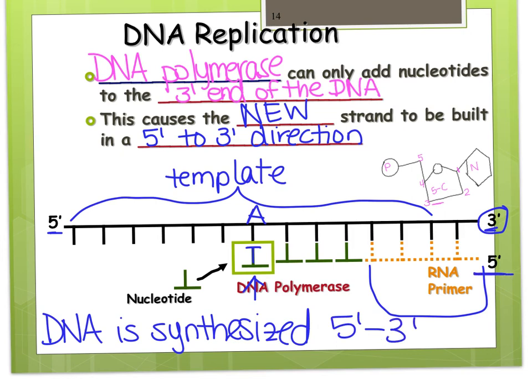It's going to be 5' going down to the 3' end on a 3' to 5' template. And that's based on the numbers of the carbons. So how is DNA synthesized? 5' to 3' on a 3' to 5' template.